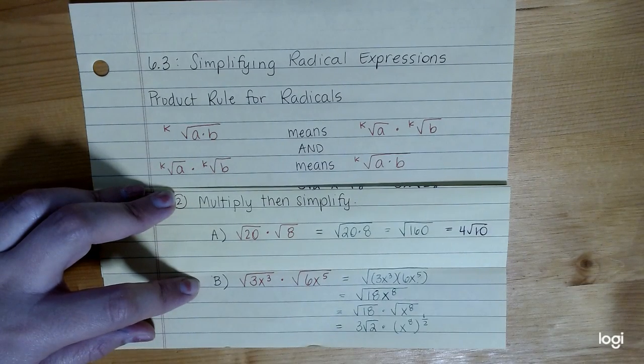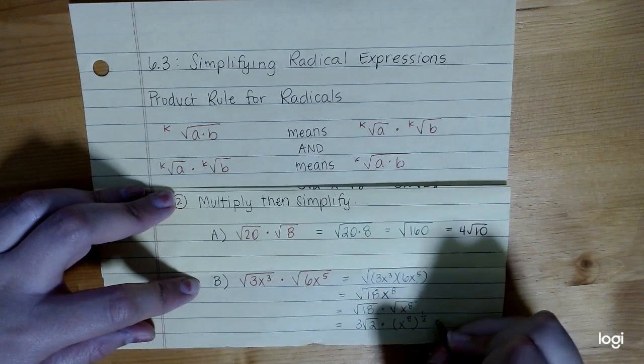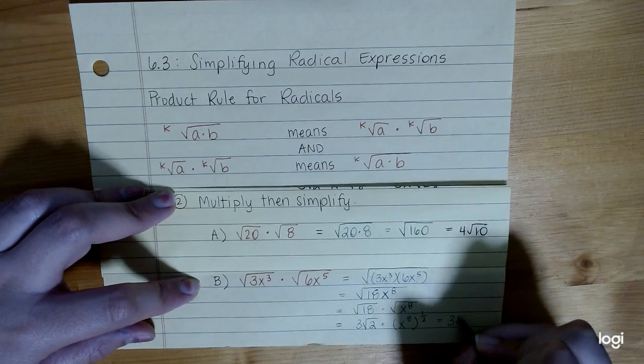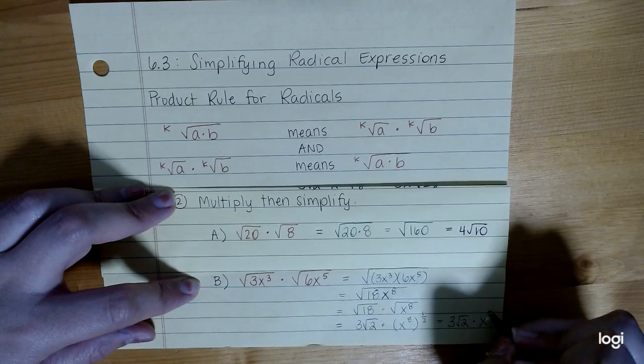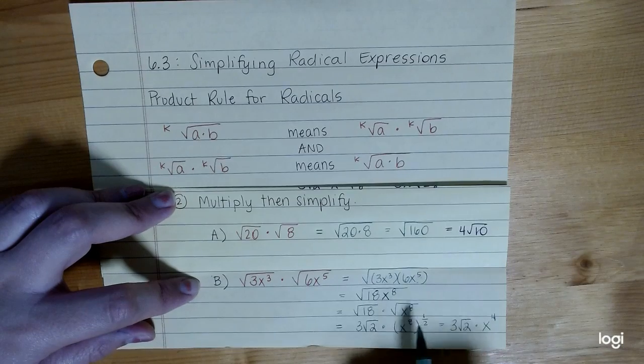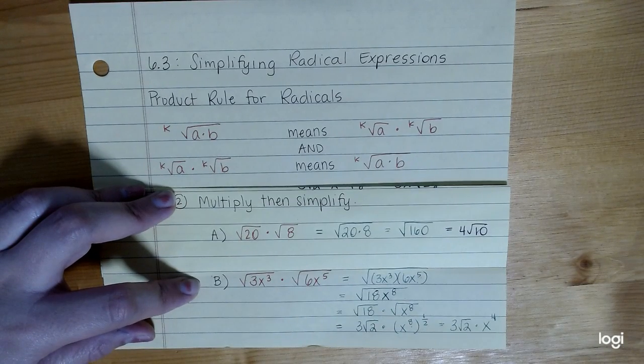And so my final answer there, once I get this, is 3 square roots of 2 times x to the 4th, because that's a power raised to a power, so I get to multiply 8 times 1/2, so that's going to be 4.